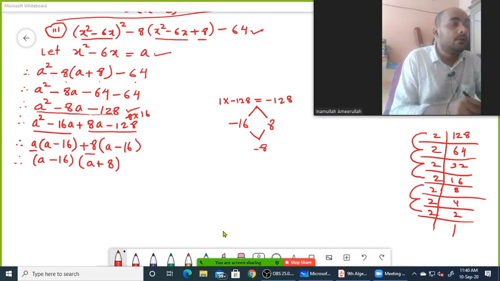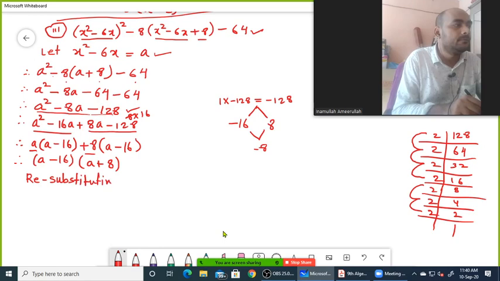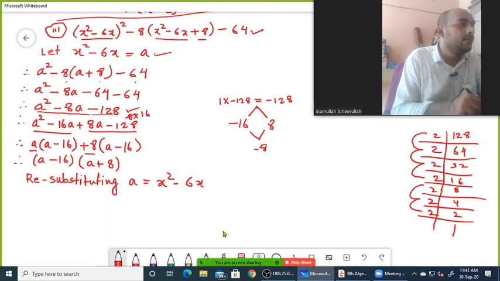Now the original given polynomial is in the form of x, so we will resubstitute the value of x. Resubstituting a as x square minus 6x, these two will give you two more quadratic polynomials like this.